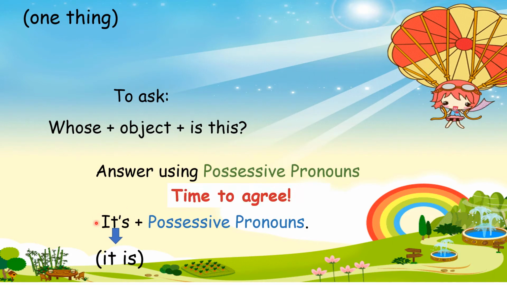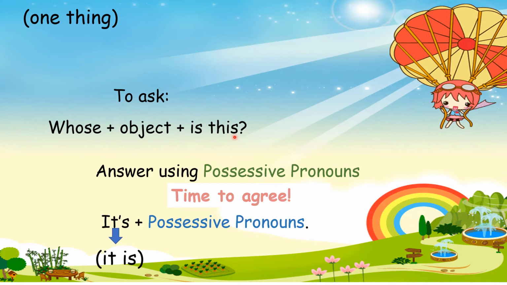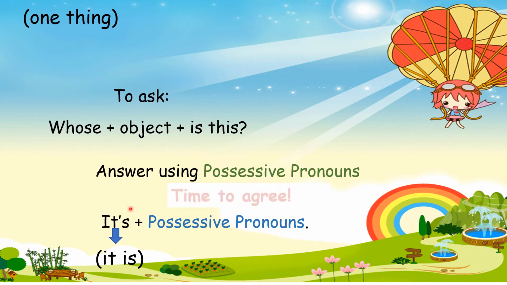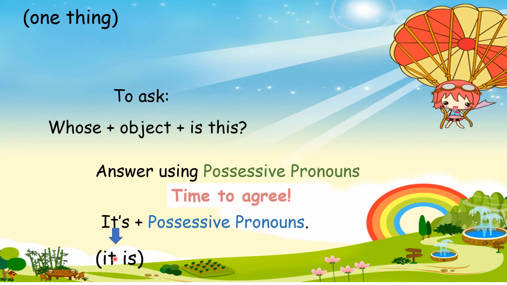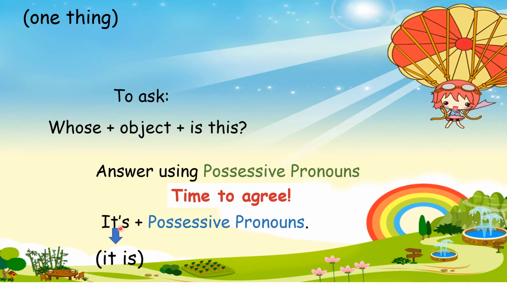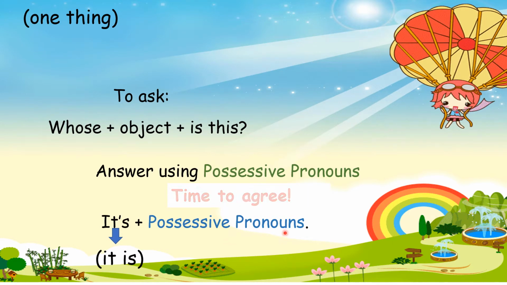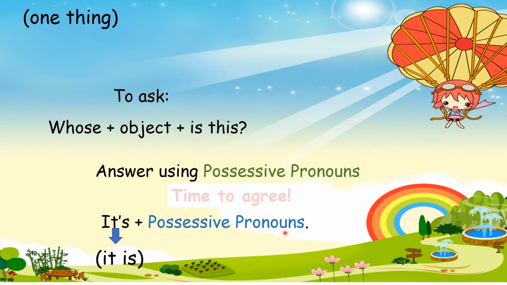"It's" is to answer "is this," which is about one thing only. And it's, it apostrophe s, stands for the words "it is," shortened to it's. Then it is followed by the possessive pronoun, for example, mine, yours, theirs, ours, his, or hers.